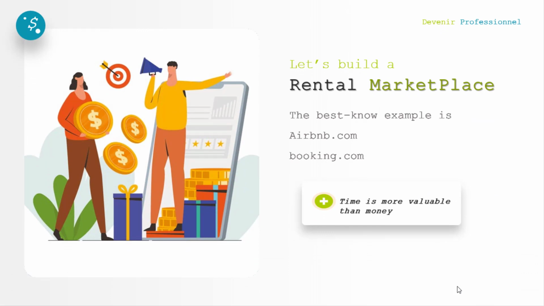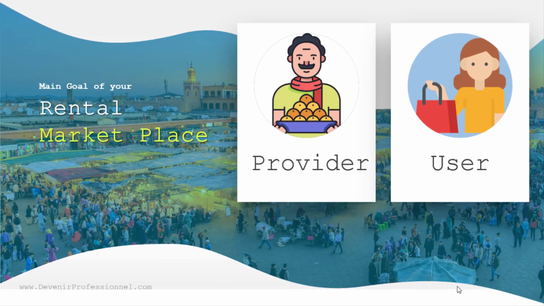As I told you last time, the idea behind this tutorial is to create an alternative to the business model that Airbnb.com and Booking.com are using. Of course, we want to generate money like them, but how? The rental marketplace that we are going to build will solve some problems for the provider and the user. The user prefers to rent some expensive and infrequently used items instead of buying them, because for him it's a lot cheaper and more convenient.